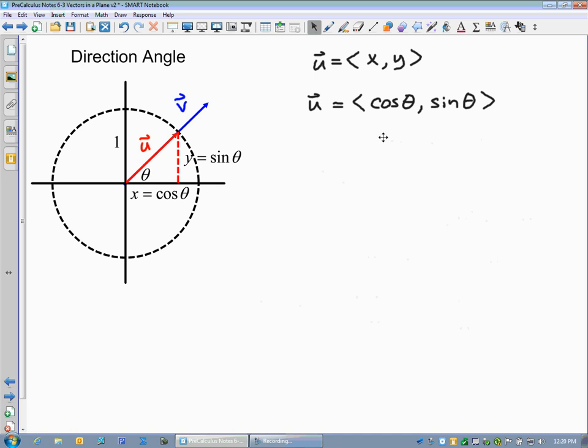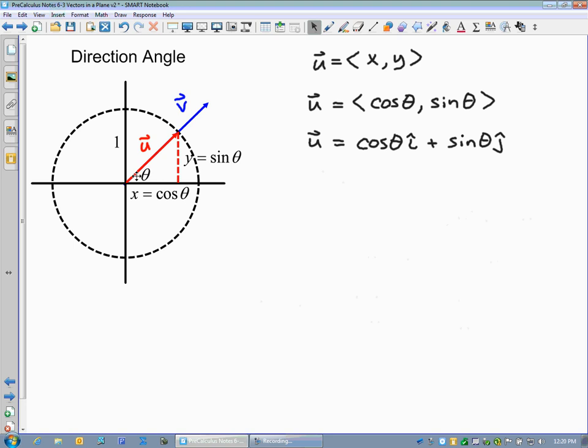You always do want to write down your argument. So I can write it that way in angle bracket notation, or I could write it in hat notation, where vector u is cosine theta i hat plus sine theta j hat. These two both mean the same.